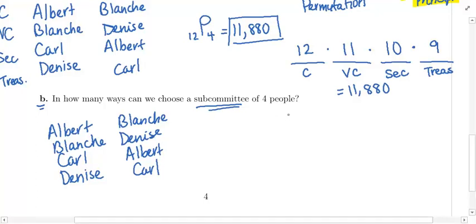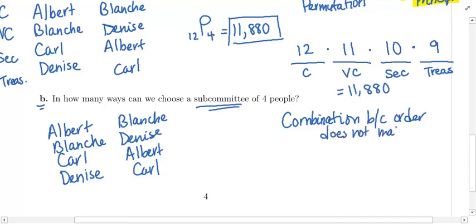So this is a combination because order does not matter here. If you take 4 people and change the order they're written in, you still have the same subcommittee. We're picking from the entire group of 12 people on the original committee, in groups of 4 to form a subcommittee.